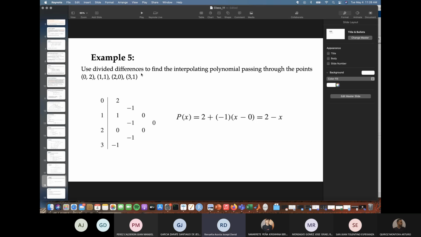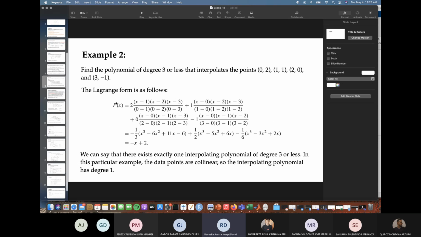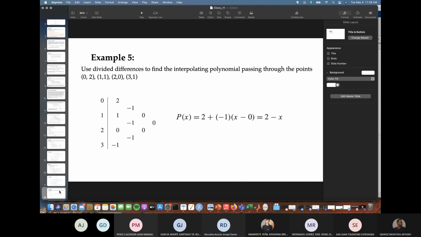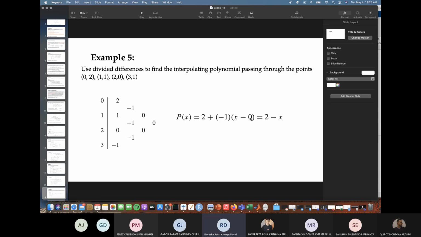You're going to do it and you're going to tell me if you have any problem, any doubt. You have this one. Oh, I think we already did this one, which is actually the same thing that we did with the Lagrange interpolation. So let me see. Yeah, it's the same one. But we just want to verify that it's by the Lagrange interpolation.